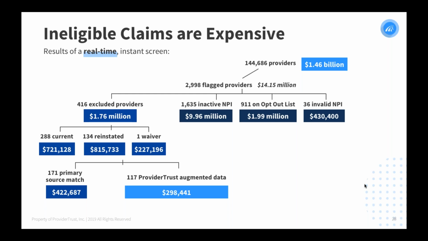117 of those 288 came from the result of our augmented data, so using additional data identifiers that were not publicly available at the source, and identifying that those were in fact excluded providers that existed in these networks that clearly they did not want existing in those networks. So that's roughly 40% of the population we were able to find as a result of that scrub.